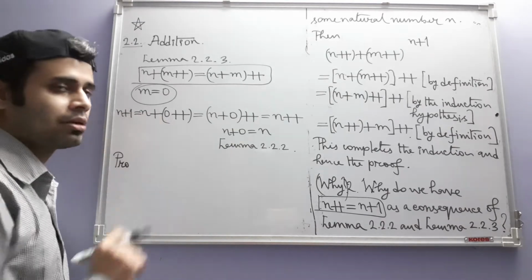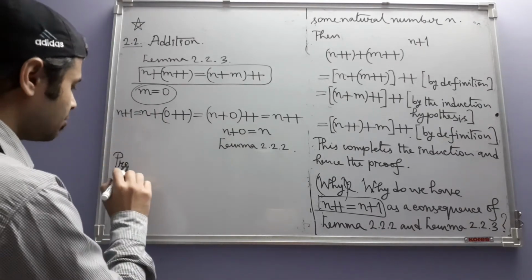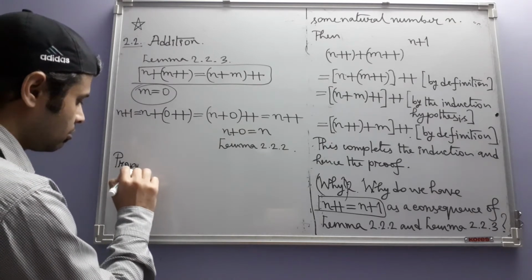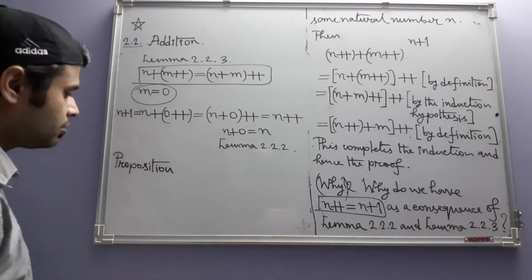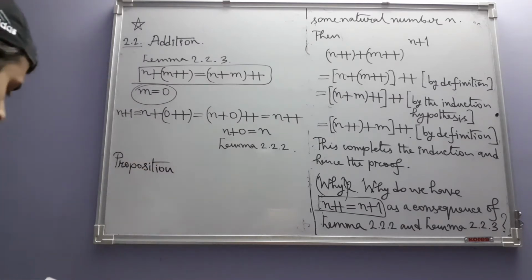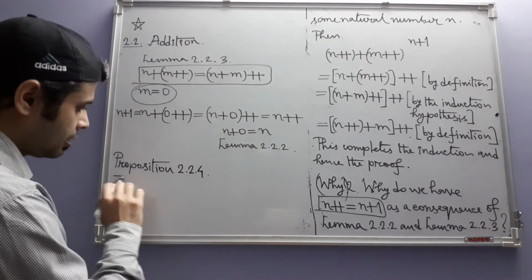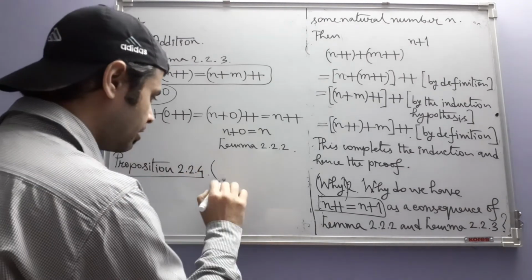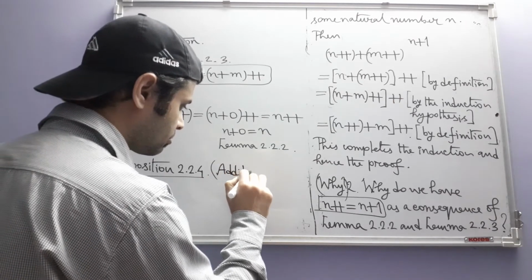So that's how lemmas come. So having seen these lemmas, now we move on to the proposition. It is proposition 2 to 4, and it has its usual title, addition is commutative.